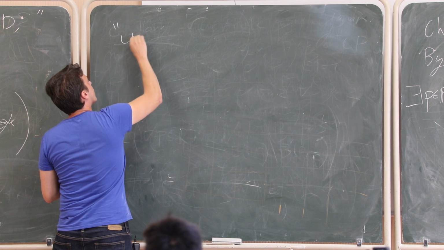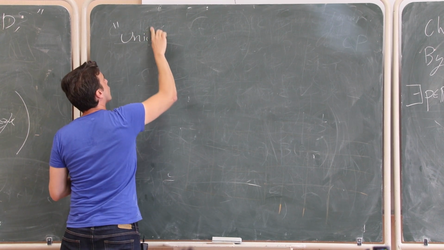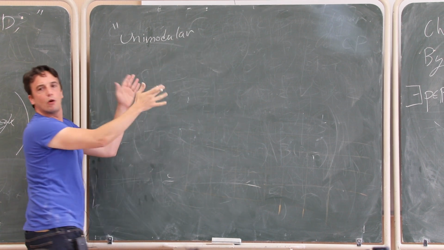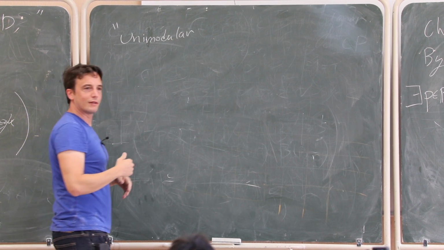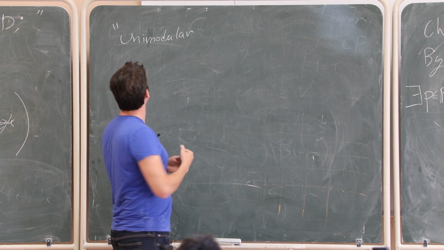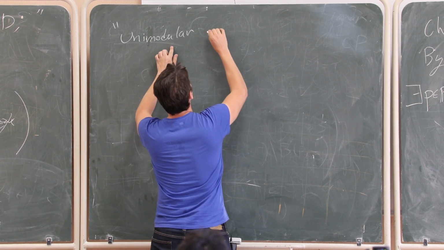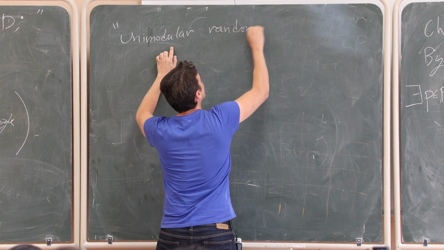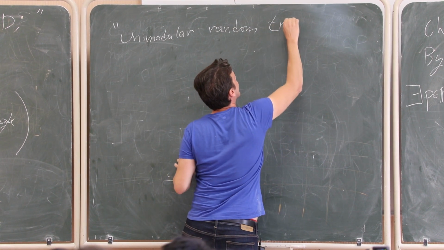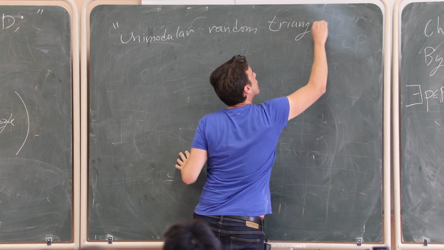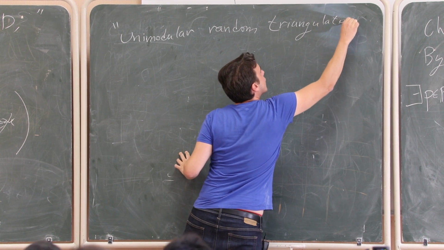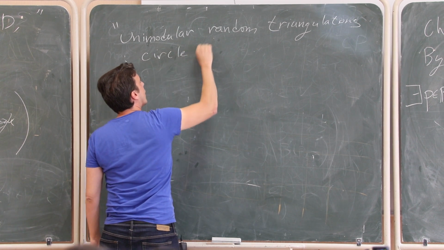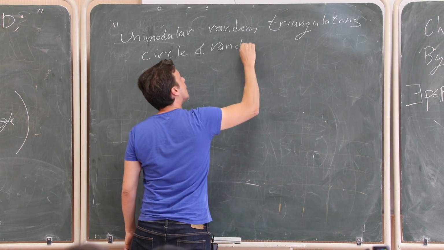So look at the paper, "Unimodular random triangulations, circle packing and random walk." Don't be afraid of that word, unimodular. It just means local limits, but it's a cooler word that allows you to steal money from the government.